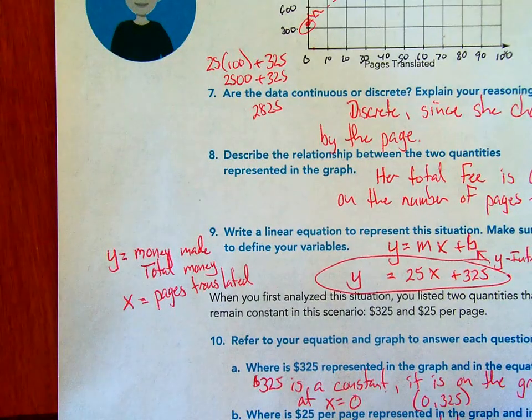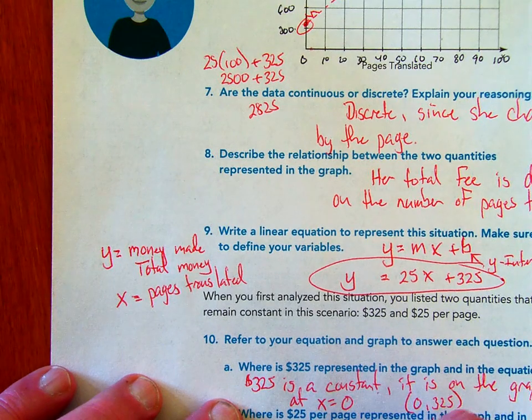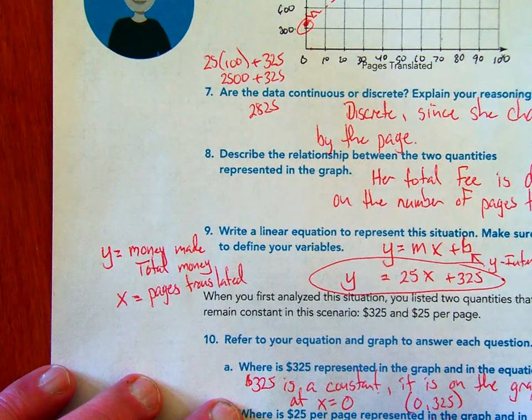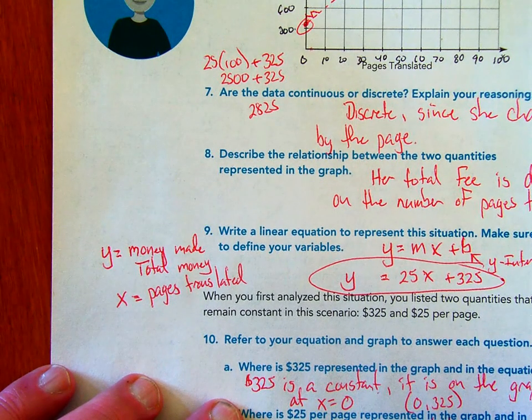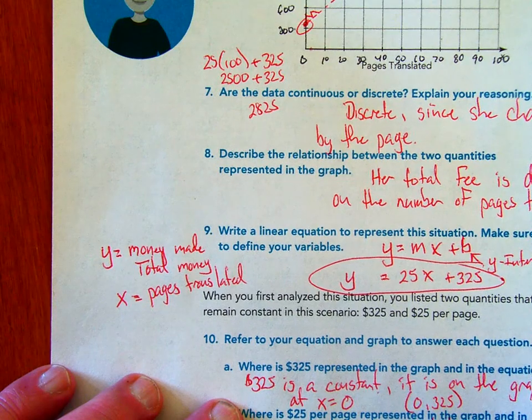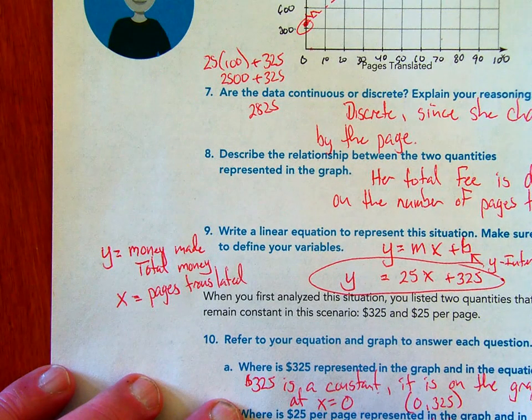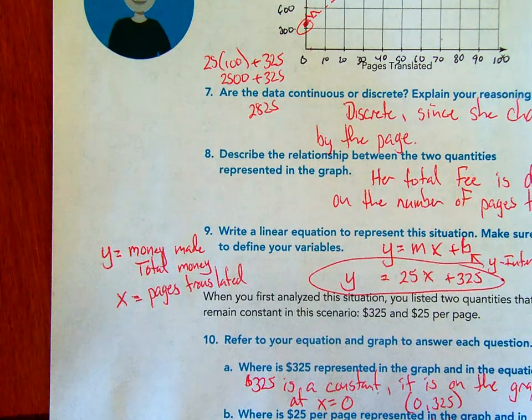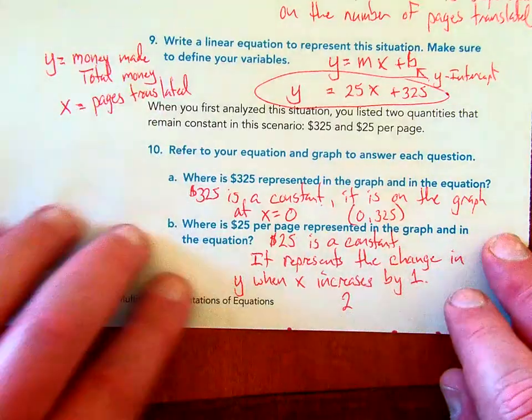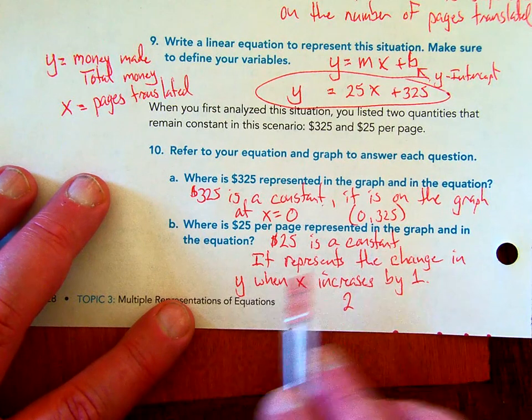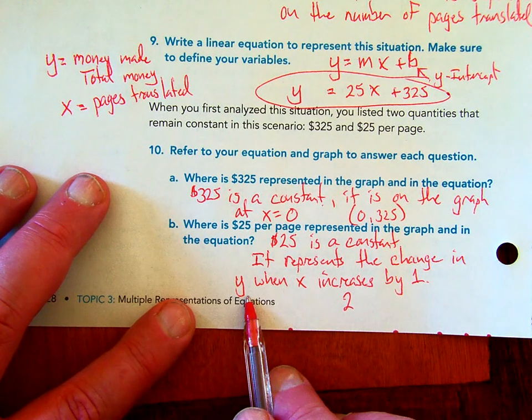So it represents the change in y when x increases by 1. So 25 is a constant. It represents the change in y when x increases by 1. 25 is the slope.